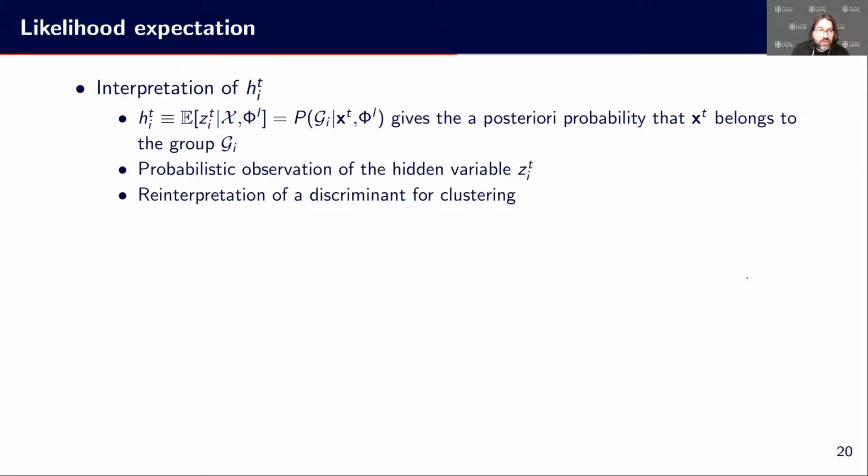And it allows us to make some kind of reinterpretation of a discriminant for clustering. Basically, it's like expanding the idea of having the function h with our discriminant functions, linear discriminant, nonlinear discriminant. We always call this h. And this h is basically telling us whether or not it's coming from class 1 or not, according to its value sign.